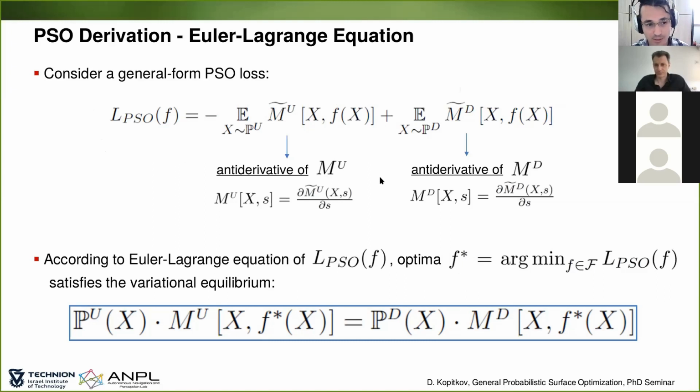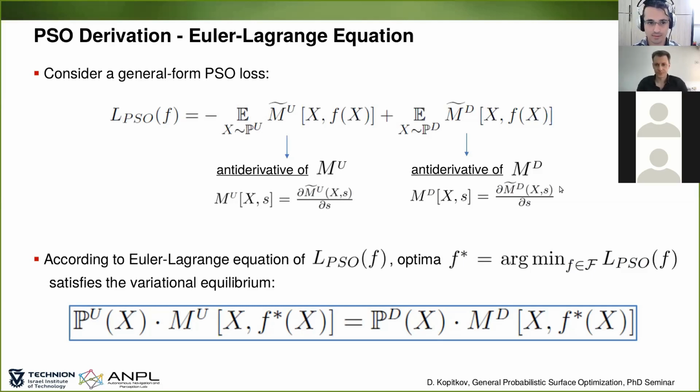There are some additional sufficient conditions that mu and md should satisfy, like, for example, continuity in some specific domain, which will ensure that mu tilde and md tilde exist. But you don't need to know them. This is the strength. For some functions, calculating the integral for the antiderivative is not very easy.